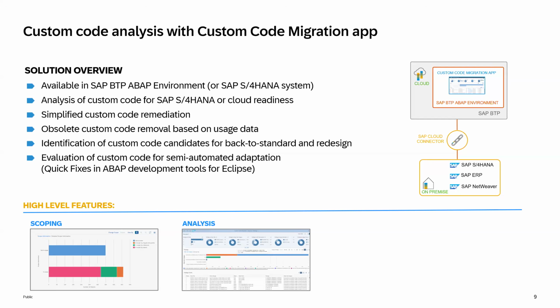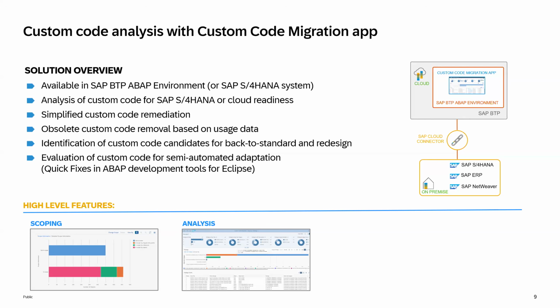You can get the help from the app how to identify the candidates in the custom code for various redesign activities, and you can also get the help information about which custom code objects can be adapted in an automated way using so-called ABAP quick fixes in ABAP development tools for Eclipse.